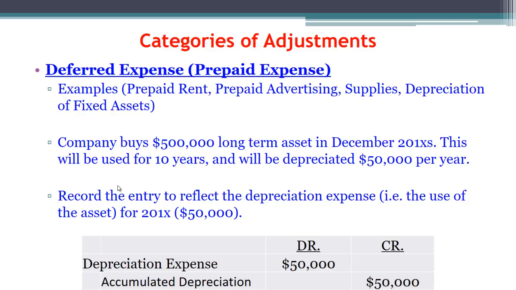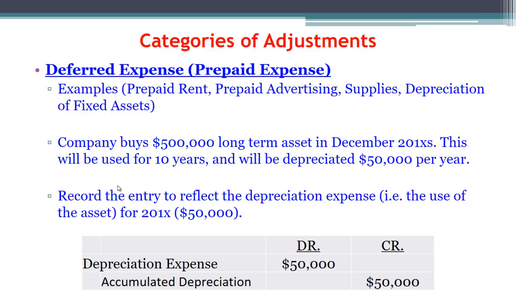Instead, we credit an account known as accumulated depreciation, which we'll see in later chapters. But this accumulated depreciation that we are crediting is a contra asset, which means it's the opposite of an asset. So it has the opposite normal balance. It has a normal credit balance.